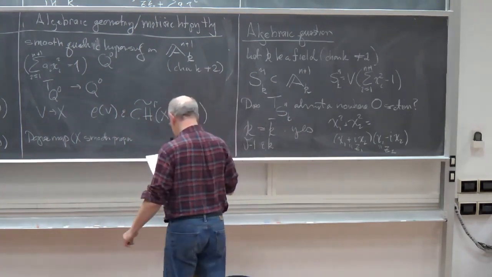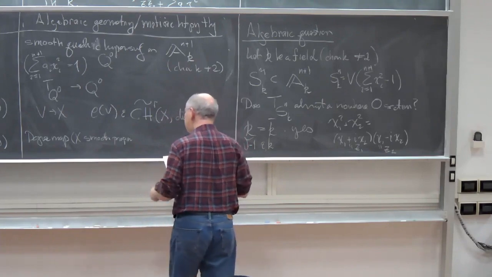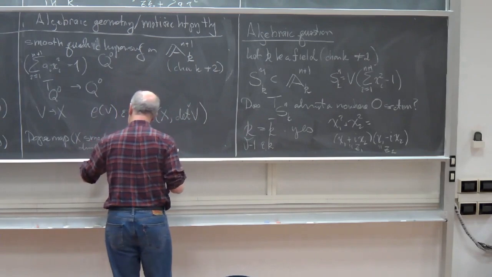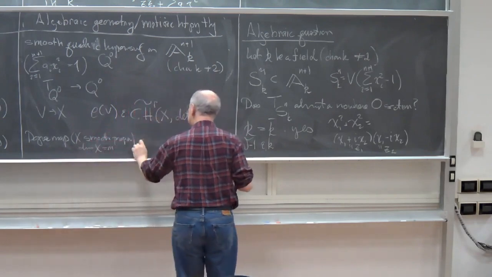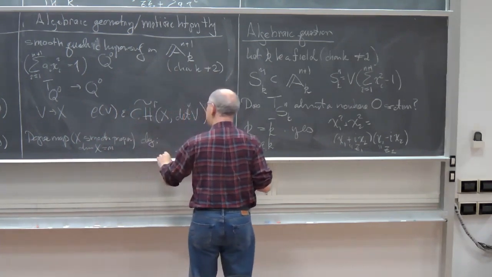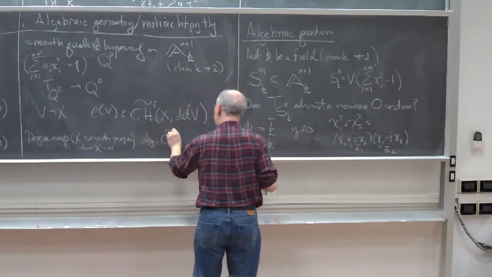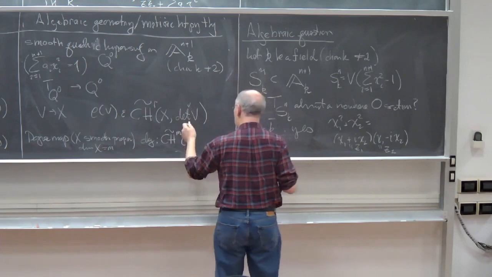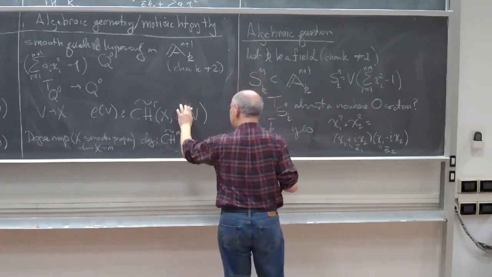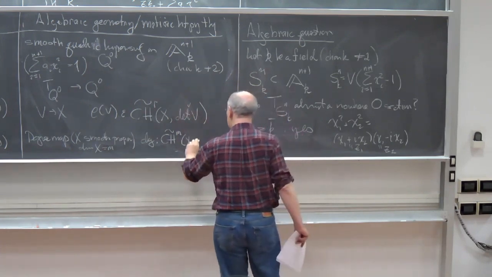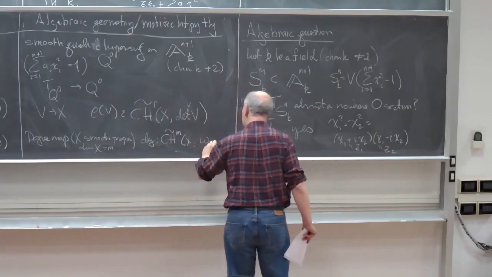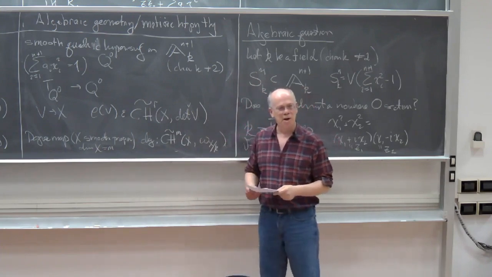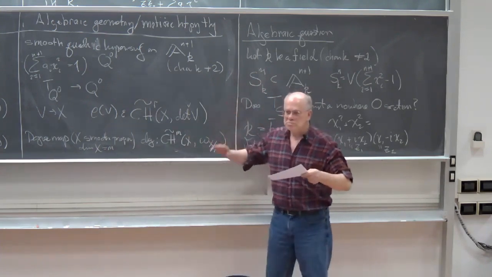Dimension of X equals M. And this is a degree map going from this Chow-Witt group, degree M, twisted by the inverse determinant of the tangent bundle, which is what's called the canonical bundle of X. By definition, you take the tangent bundle, its top exterior power, and its dual.